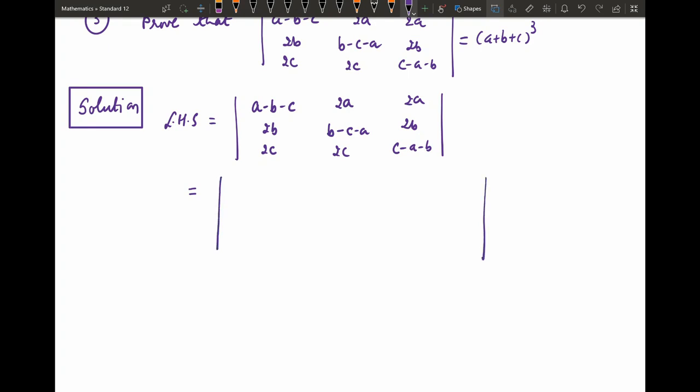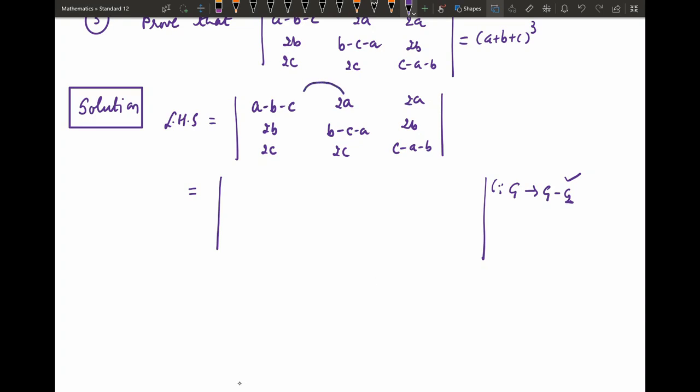So first we perform C1 to C1 minus C2, that means the second column is multiplied by minus 1, adding to the corresponding entries of the first column.